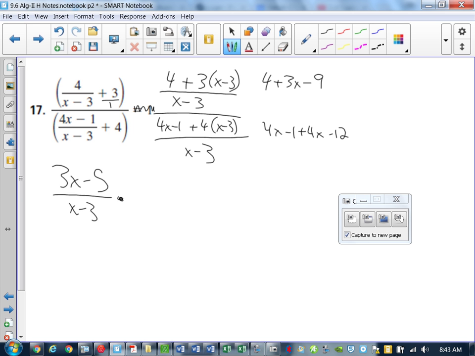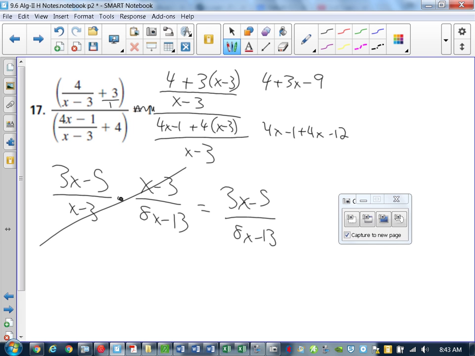And I'm going to flip it right away. Those go away, which leaves me 3x minus 5 over 8x minus 13 equals 1. Because it was 1, right?